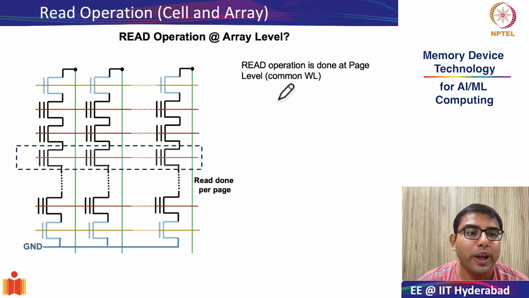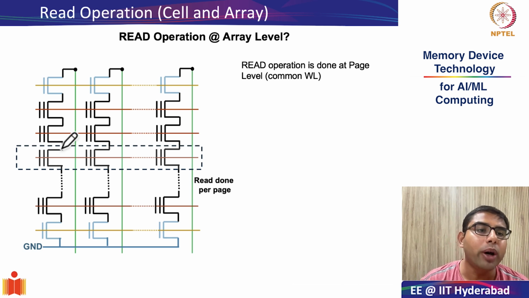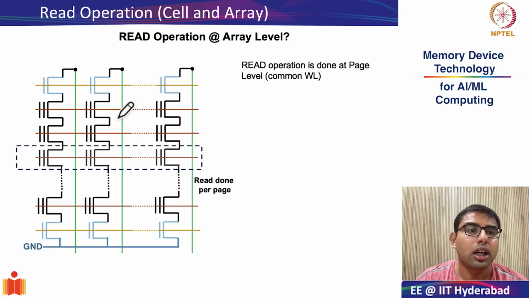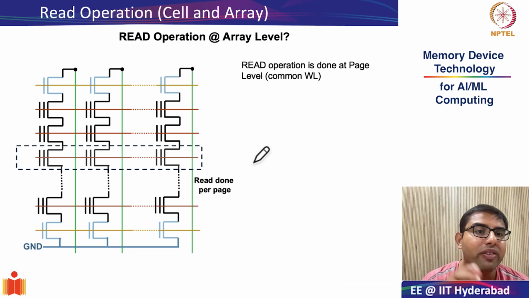And as we had discussed, since the cells that you are trying to read out have other common transistors or other common cells in the string and in the page, you have to be very careful not to alter the state or not to read out incorrect information from the neighboring cells in the string.